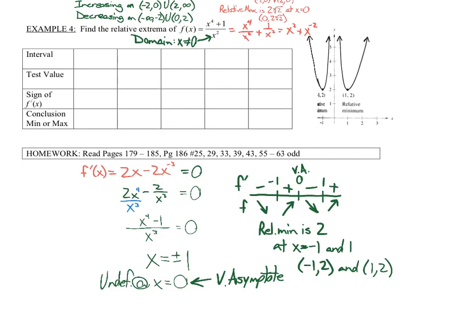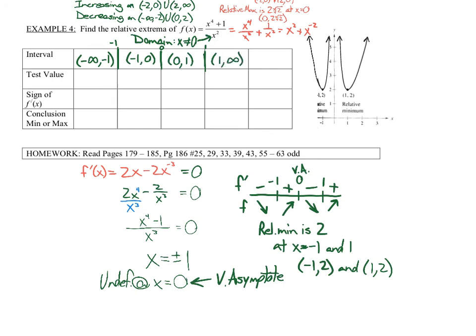Alright, so real quickly, let me run through how to use this table again. If the table is helpful for you, go ahead and use it. It's kind of an alternative to doing the sign diagram. But notice the intervals here: the negative 1, the 0, and the 1 are what separate our intervals. So we'd have an interval from negative infinity up to negative 1, an interval from negative 1 to 0, an interval from 0 to 1, and an interval from 1 to positive infinity.